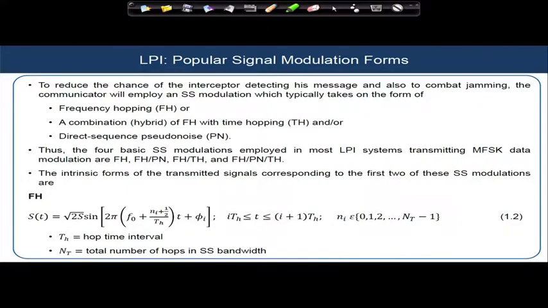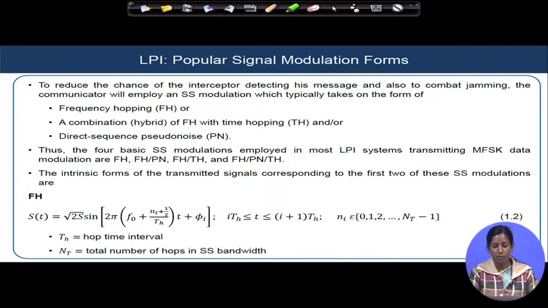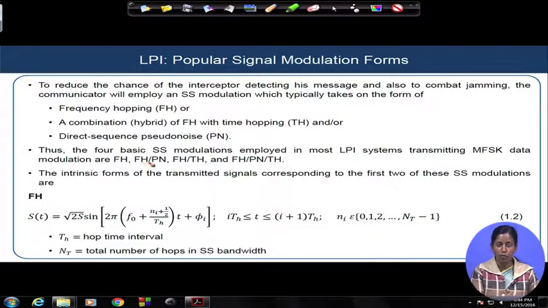So there are basically four more popular LPI systems transmitting that MFSK data modulation. They are frequency hopping, the combination of frequency hopping and direct sequence, a hybrid system based on frequency hopping and time hopping, or frequency hopping, time hopping, as well as the pseudo-noise PN sequence based direct sequence communication system, a combination of all three.